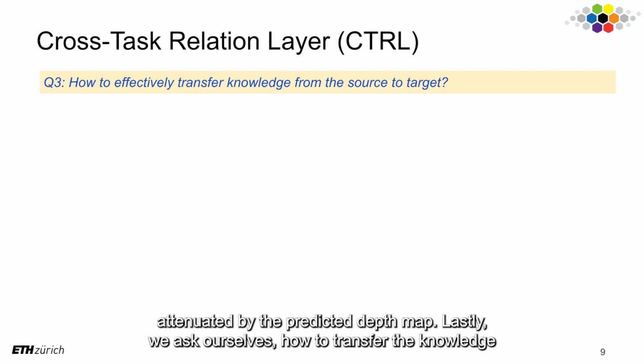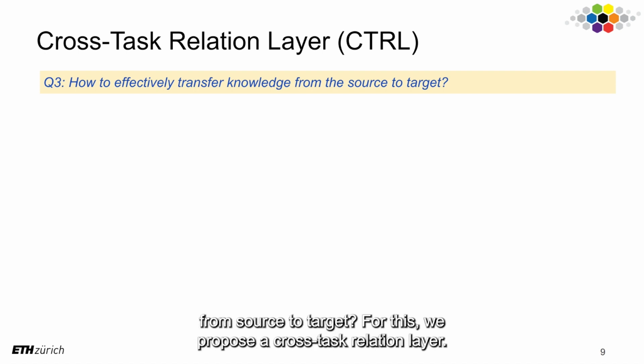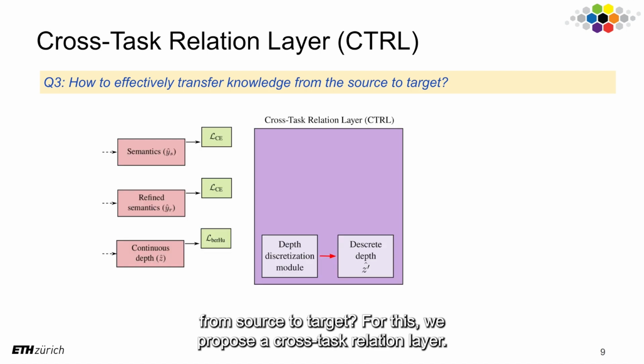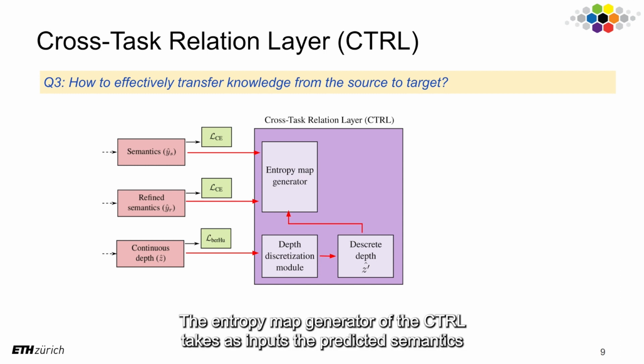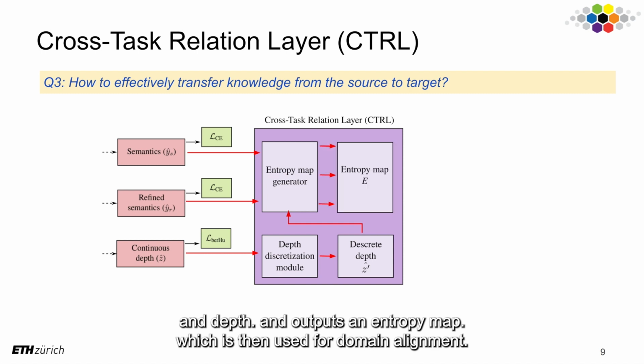Lastly, we ask ourselves how to transfer the knowledge from source to target. For this, we propose a cross-task relation layer. The entropy map generator of the CTRL takes as input the predicted semantics and the depth, and outputs an entropy map, which is then used for domain alignment.